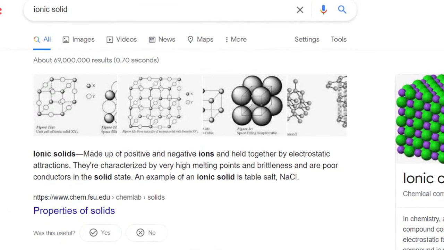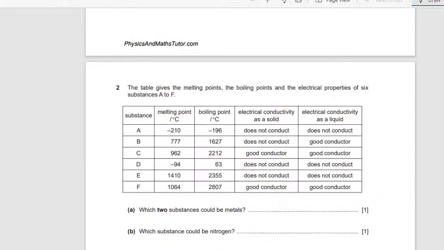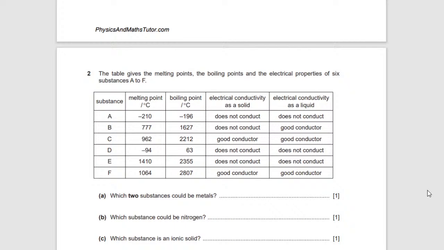So ionic solids are made up of positive and negative ions and are held by electrostatic attractions. They have very high melting points and they're poor conductors in the solid state. So poor conductors in the solid state, that's what we're looking at.